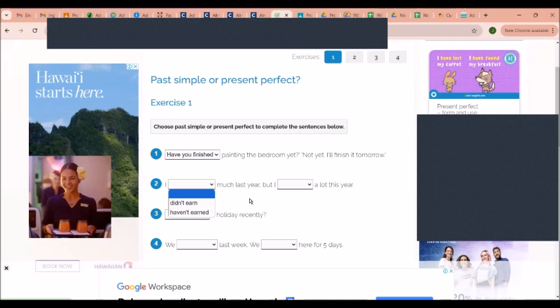I didn't earn much last year, but I've earned a lot this year.